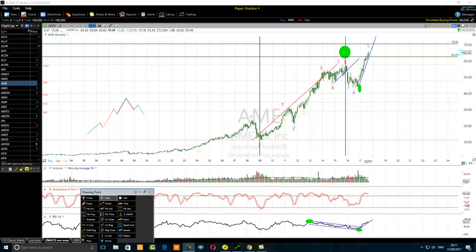All right. So the impulse wave can be subdivided into 5 subwaves without any Elliott wave violation.